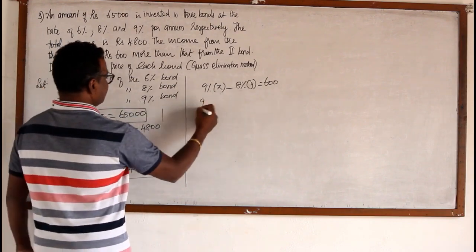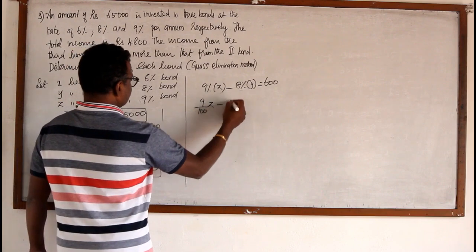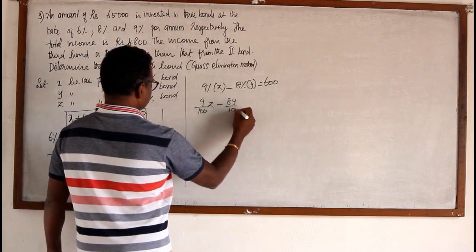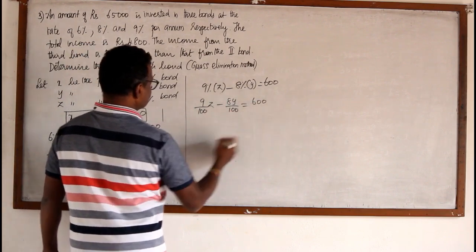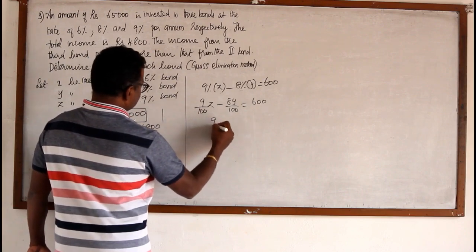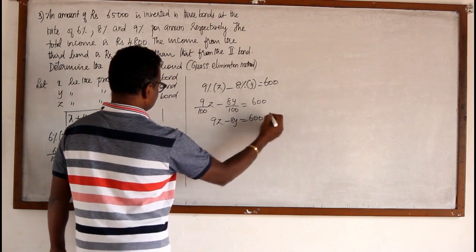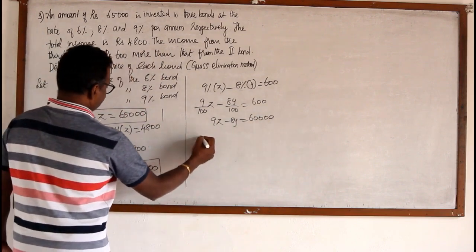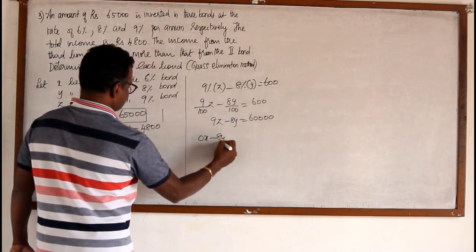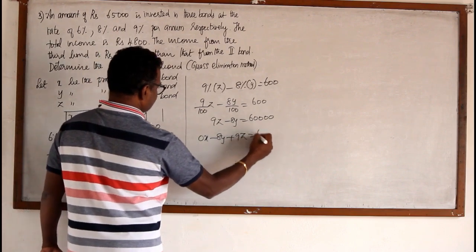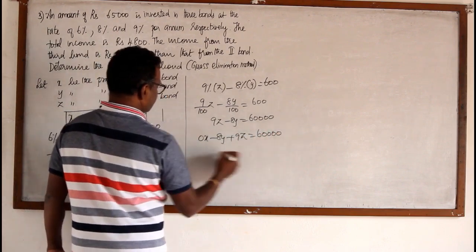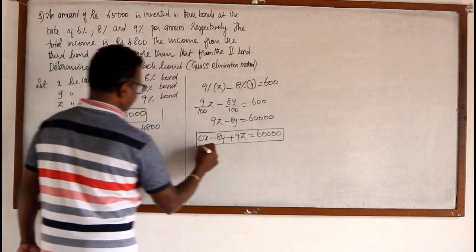That is 9 by 100 Z minus 8Y by 100 equal to 600. Shall I say this one as 9Z minus 8Y equal to 60,000, 2 more zeros. Therefore, it is of the form 0x minus 8y plus 9z equal to 60,000. This is my third equation.